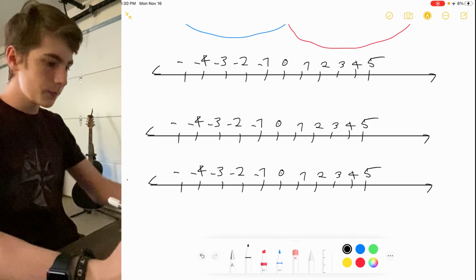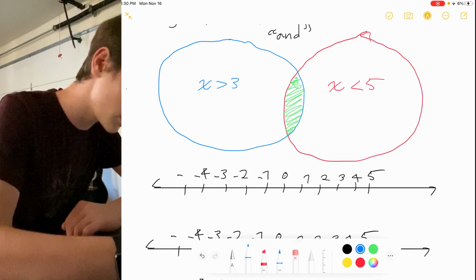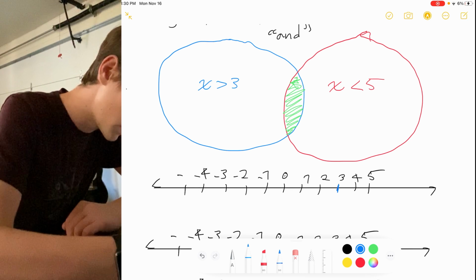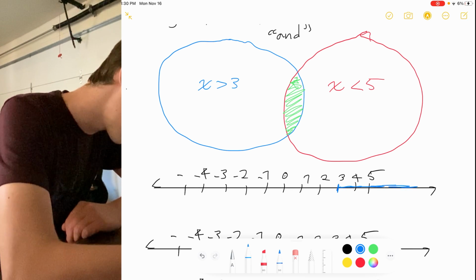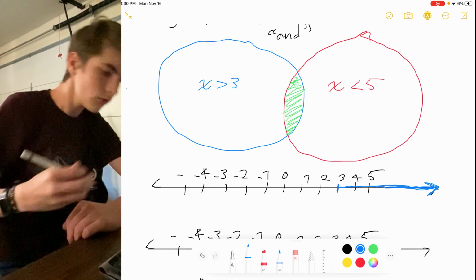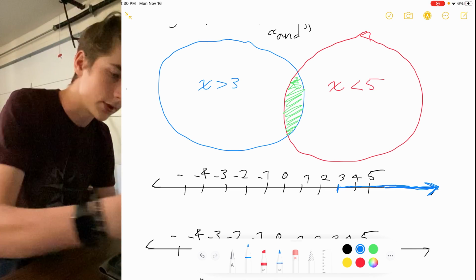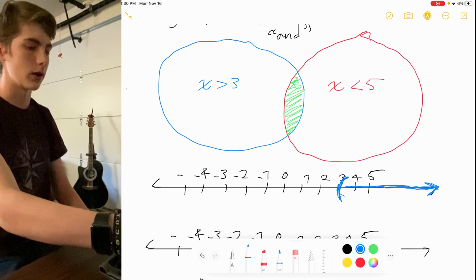And what I'm going to do is I'm going to first graph x is greater than 3, right? So we start at 3, okay? And we're going to go out from 3, greater than 3. That's all this way. And then because it's not greater than or equal to, we're just going to use this right here, this curve.